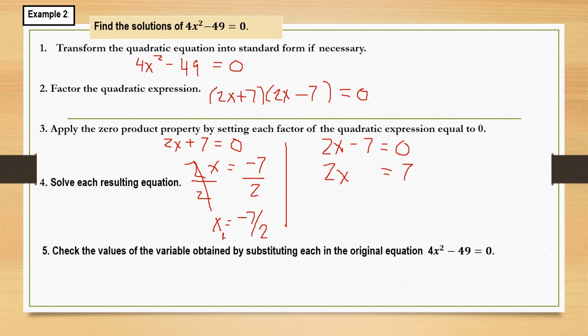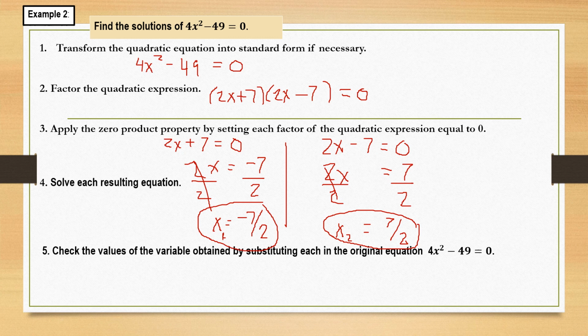And then, divide both sides by 2. Therefore, x sub 2 is equal to positive 7 over 2. Therefore, the two roots or solutions of the quadratic equation are positive 7 over 2 and negative 7 over 2.